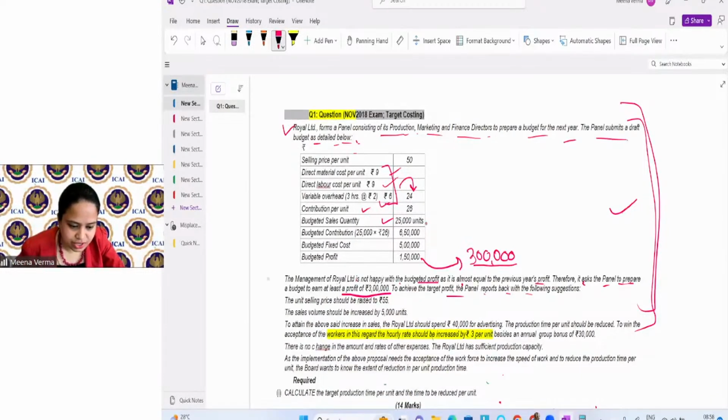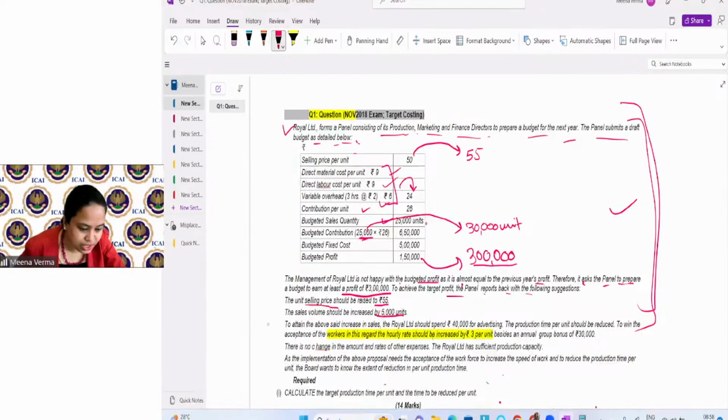What is the suggestion here? The unit selling price should be raised to 55, so instead of 50, the price is raised to 55. Then sale volume should increase by 5,000 units. How many units are we selling here? 25,000. So it should increase from 25,000 to 30,000, by 5,000 units.